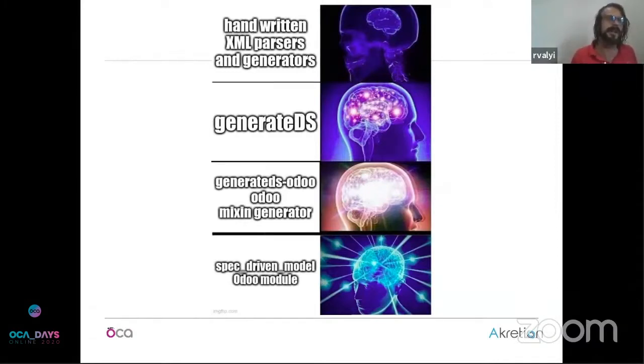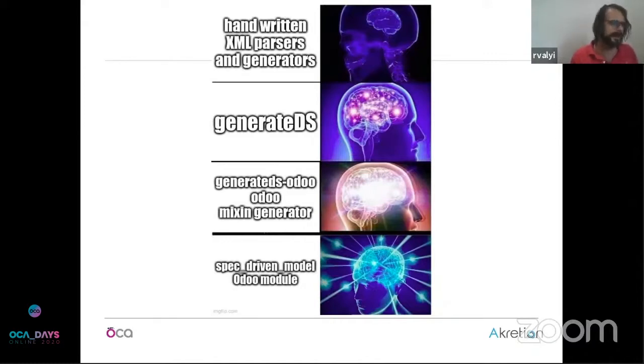The second step would be to use a data binding tool to be able to generate Python data structures from the XML, and back from a Python data structure you would be able to serialize it as XML. It's also known as marshalling and unmarshalling. So we will present a tool that's called generateDS, generate data structure DS. Okay, so this is the second level.